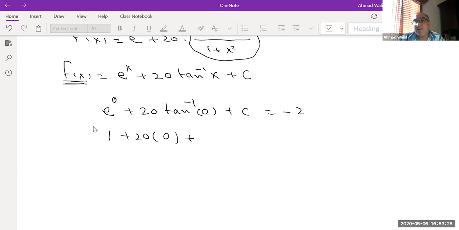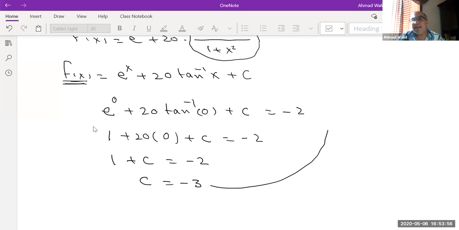Plus c equals -2. Or on a scientific calculator, type inverse tan 0 and you will see it gives you 0. Then 1 plus c equals -2. It means c is equal to -3.